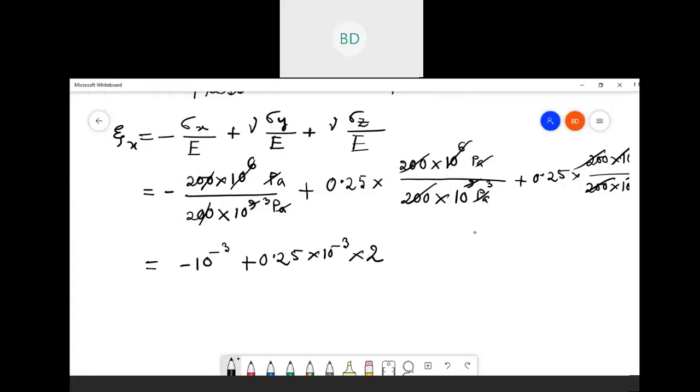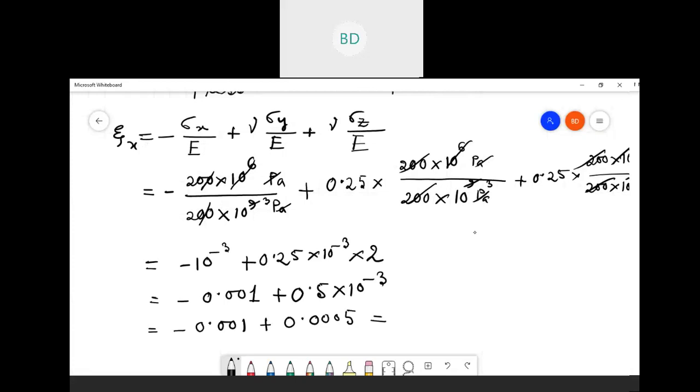So you will get minus 0.001 plus 0.5 into 10 to the power minus 3, that is 0.0005.